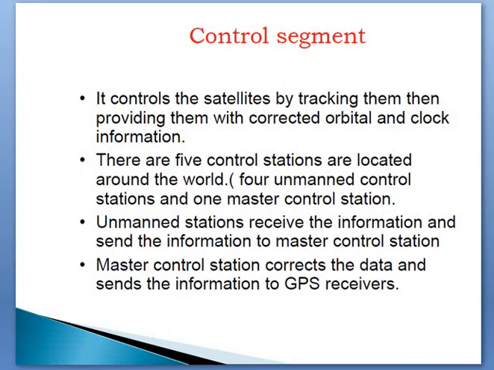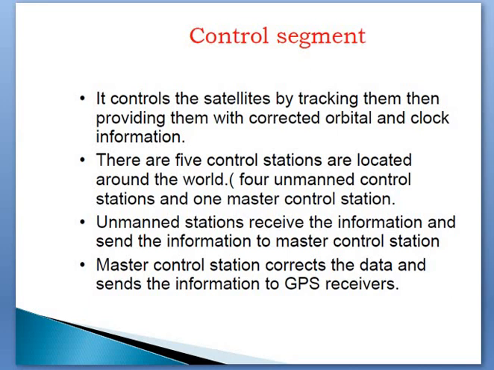Next, let us see the control segment. The control segment consists of worldwide monitor and control stations that maintain the satellites in their proper orbits through occasional command maneuvers and adjust the satellite clocks.